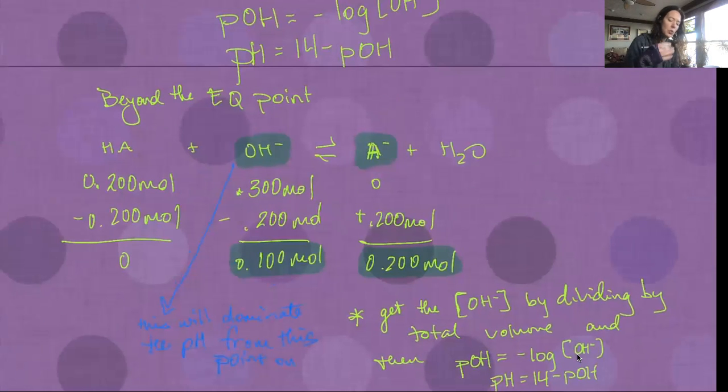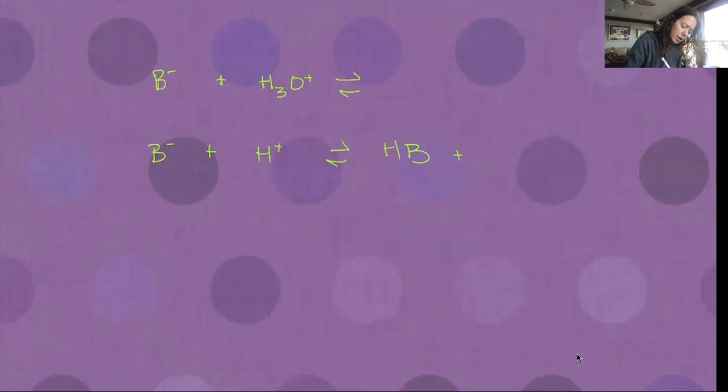Now, if this was a weak base and we were adding acid, we would have B plus HB plus water. We would do the exact same things.